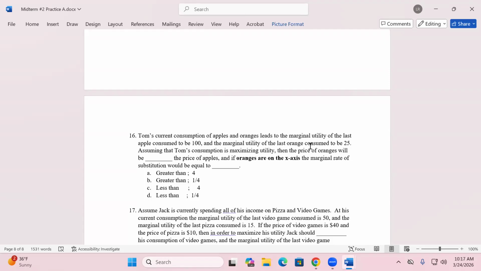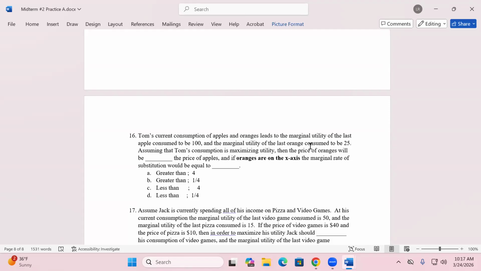Okay, so the first part is, what must be true about the prices of these two goods? Well, if this fraction is equal to 0.25, what must be true about that numerator relative to the denominator? It must be lower, right? That's the only way I get a fraction that's less than 1. The denominator has to be larger.